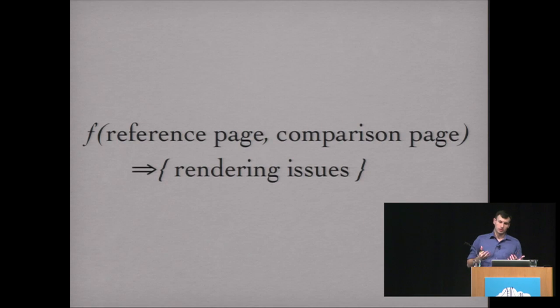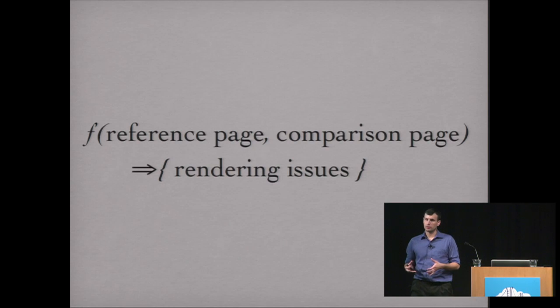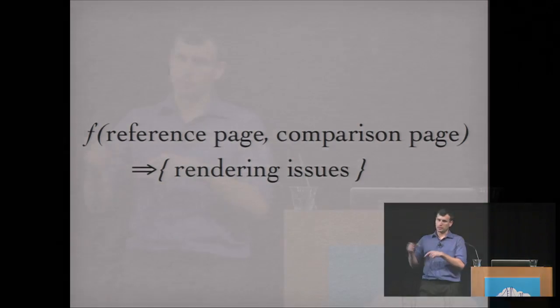So the 2 inputs are page representations. One's a reference page. And this basically matches how many web developers go about doing development. They'll make sure a page works in whatever their pet browser is, and then every other browser gets compared against that. And then the differences get resolved.